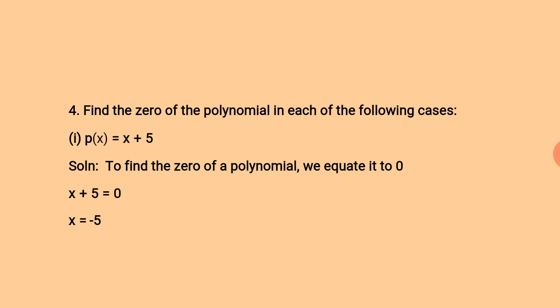So what we have done is we have equated x plus 5 equal to 0. Take it on the other side, transpose it, and you get x equal to minus 5. That means when you substitute minus 5 in the given polynomial, it will become 0. That is why we can say that minus 5 is the zero of the given polynomial.